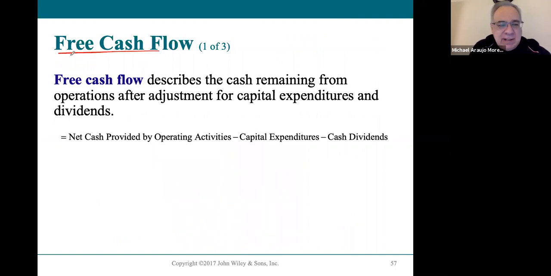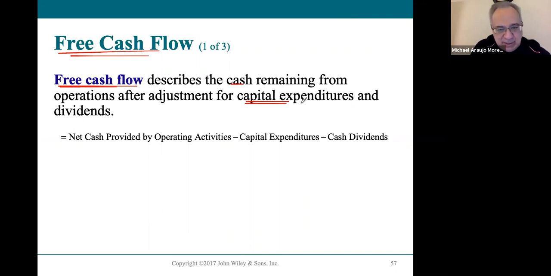This is our free cash flow. I'm not sure if you remember this way back in chapter 2. You're going to have to go way back in your memory for that. But free cash flow is really about how much cash is remaining from the operating activities after you subtract out your capital expenditures.